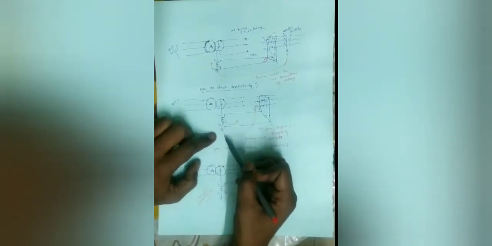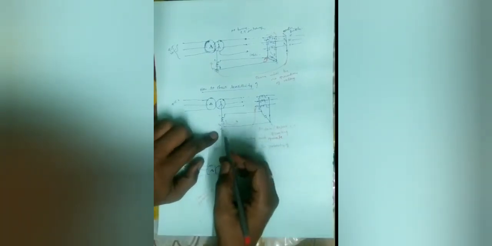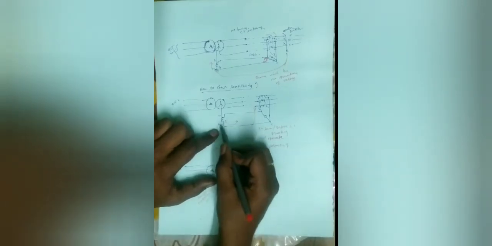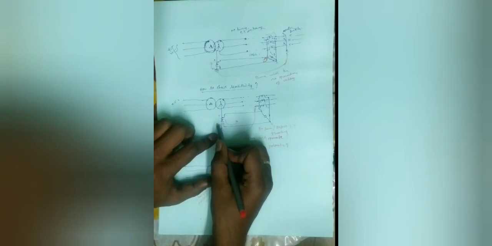Actually, as we said before, the actual polarity is S2 on this side. So if current flows like this, current will leave S2 since it is towards this path.